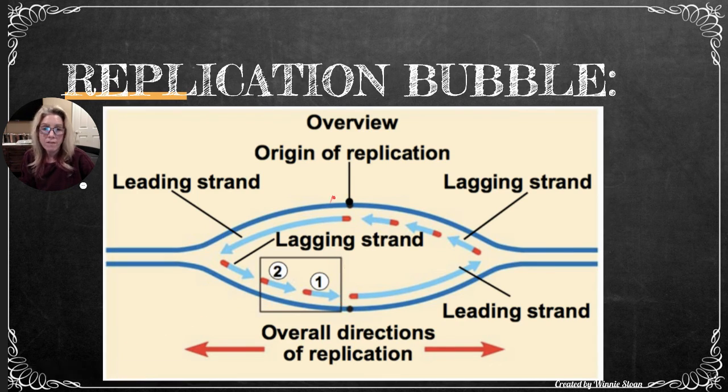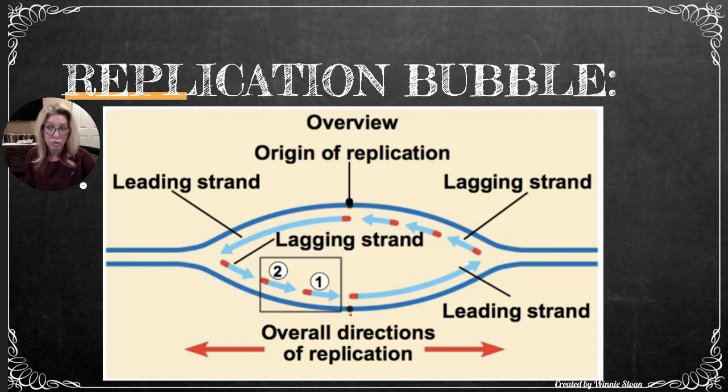Okay, now if you start in the middle of the chromosome, remember they're like this, right? So if you start and you're going to replicate this top strand right here, in one direction it would be leading and you just get to take off. In the other direction it would be lagging. So you have to turn around, come back, turn around and come back. Notice it's all going in one direction to this DNA strand.